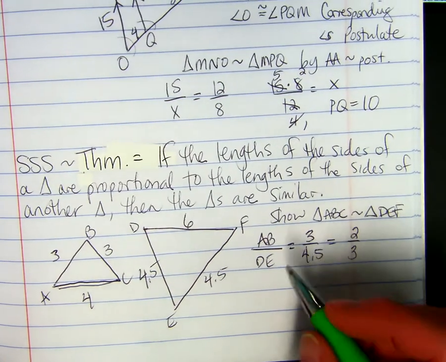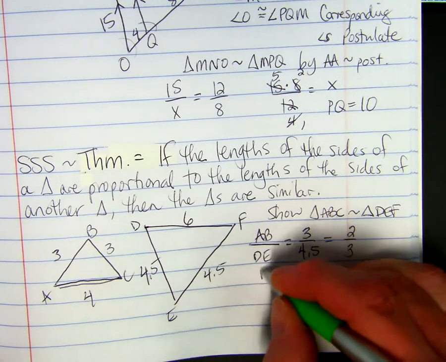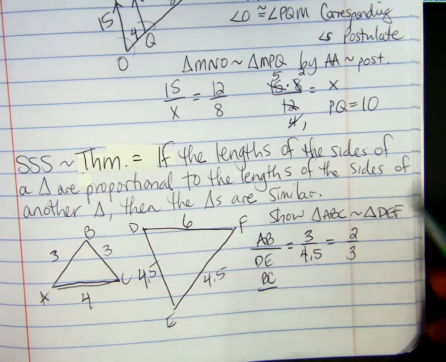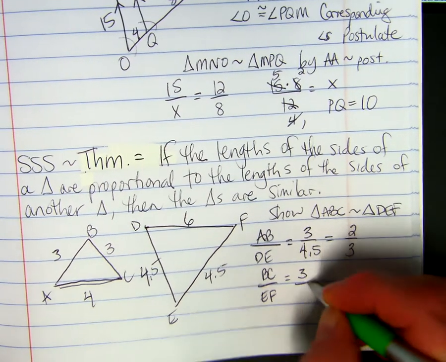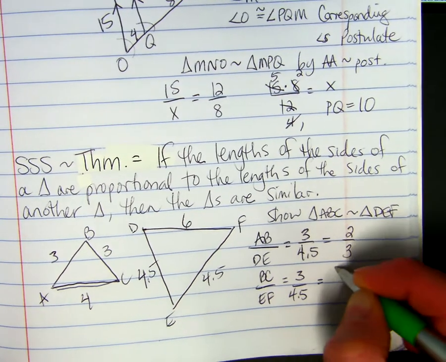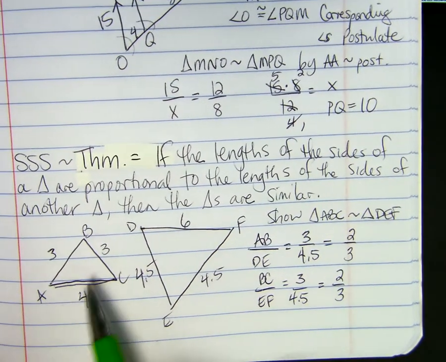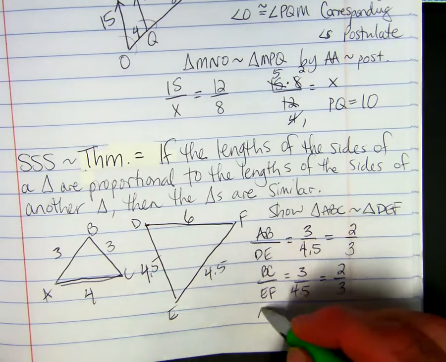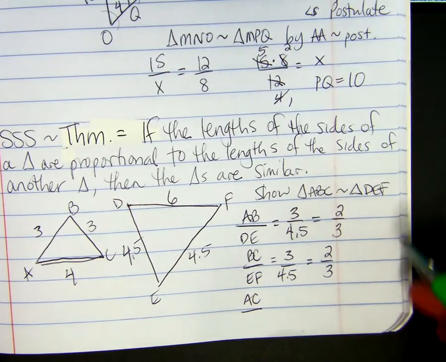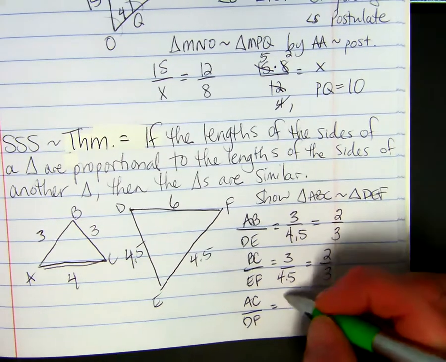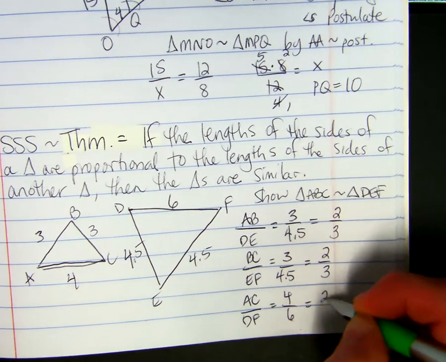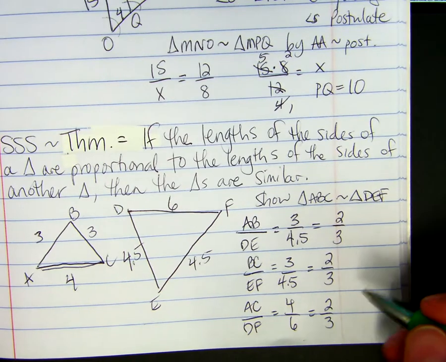And then we would show BC to EF, which is going to be the same thing, 3 to 4.5, which is 2/3. And then we show the last side, AC to DF, which equals 4 to 6, and that's also 2/3.